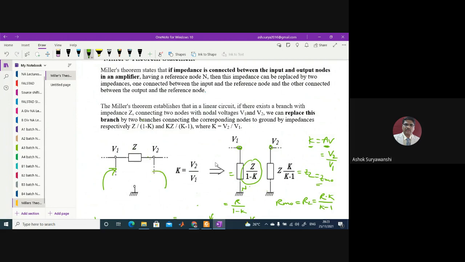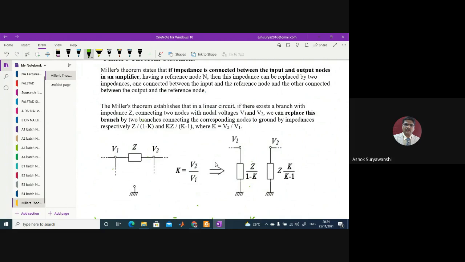Or if I look from the output side, to find out the input resistance or output resistance, or input impedance Zin, or output impedance Zo, I can't find that. But if I simplify using Miller's theorem, then it is very easy to find out the total impedance seen from the input side or the total impedance seen from the output side.